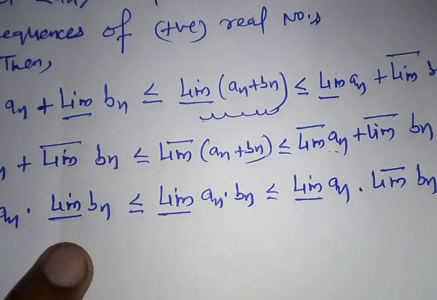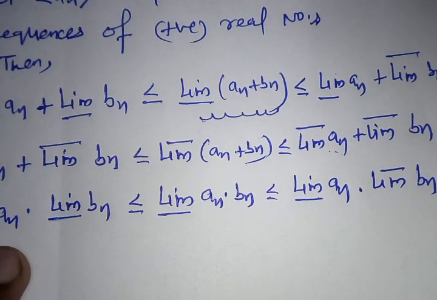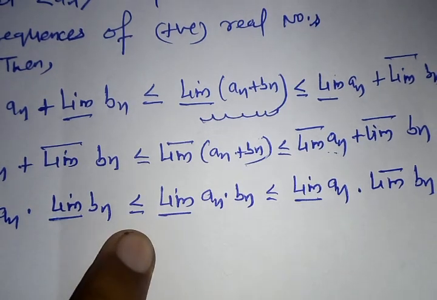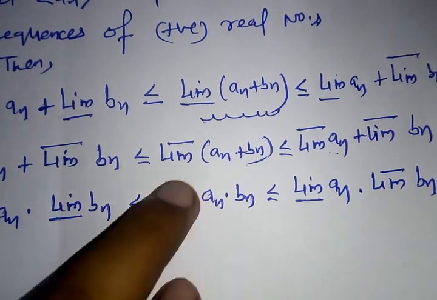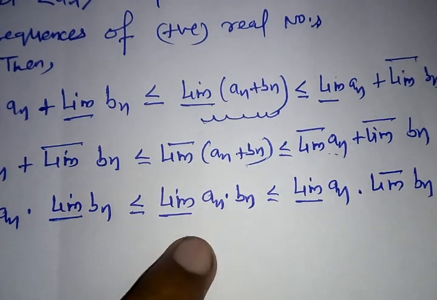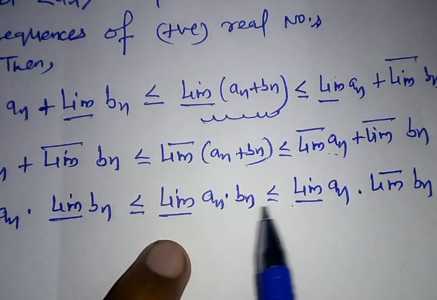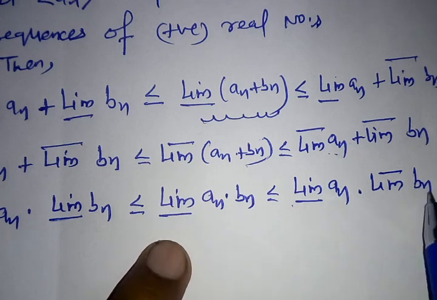So we are multiplying limit inferior of an and bn, then it is less than or equal to limit inferior of an into bn, which is less than or equal to limit inferior of an into limit superior of bn.